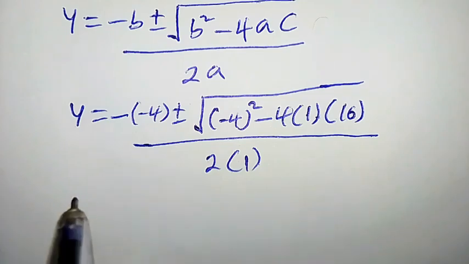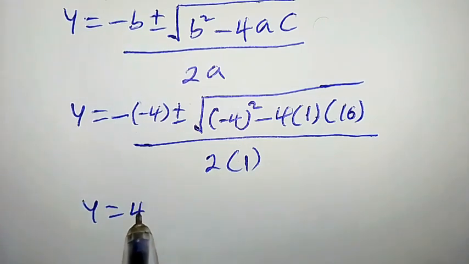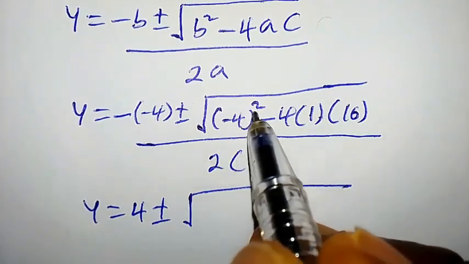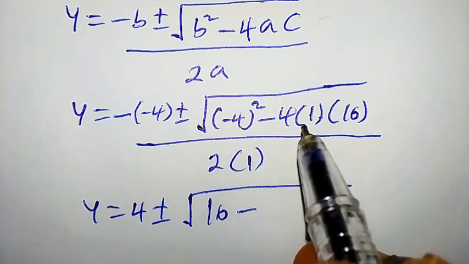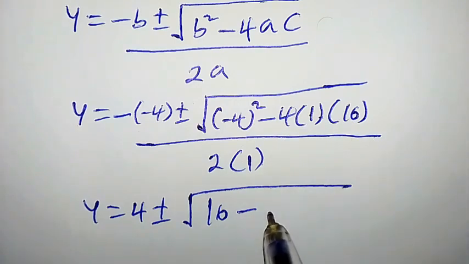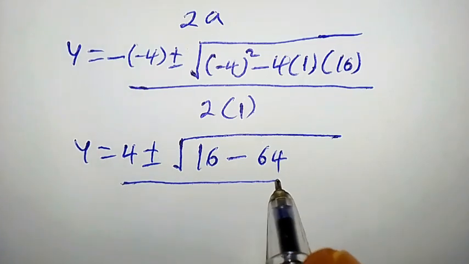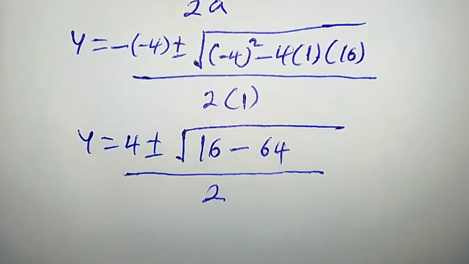Let's proceed further. y equals minus times minus 4, that is 4, plus or minus square root of minus 4 to the power of 2, that is 16, minus 4 times 16, that is 64, over 2 times 1, that is 2.